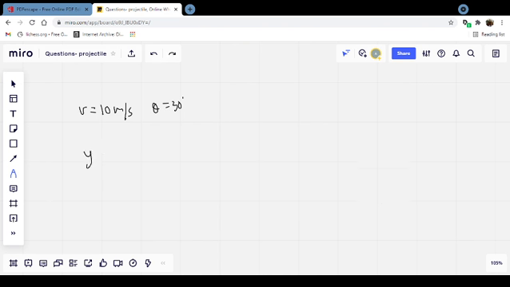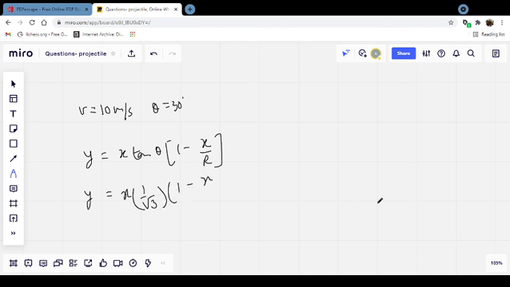The equation of trajectory is y equal to x tan theta into 1 minus x by R. Now y is equal to x tan 30 degrees, which is 1 upon root 3, into 1 minus x by R, the range of the motion of the body. The range is v square sine 2 theta upon g.